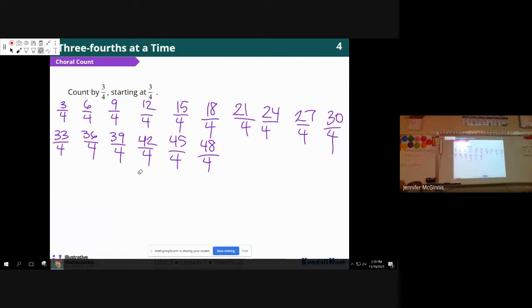Good. Why does the denominator not change? This here went from 3 to 6. Why didn't this go from 4 to 8? We changed the numerator. Why did we not change the denominator?